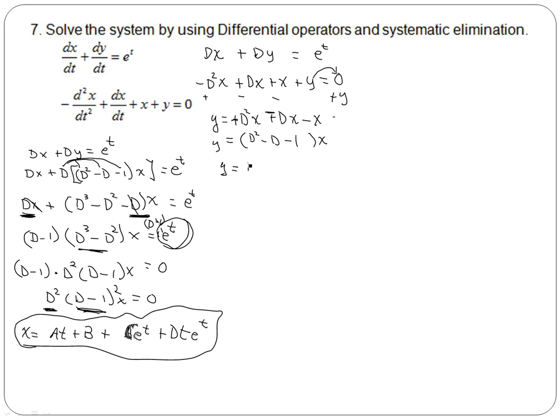So y is my second derivative of at plus b plus c e to the t plus dt e to the t, minus my first derivative of that same function, minus that same function.